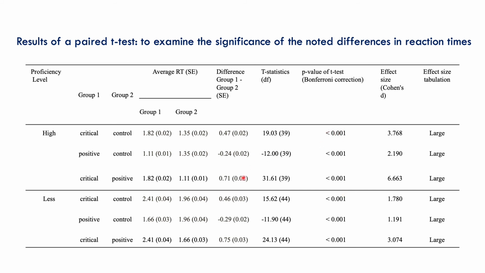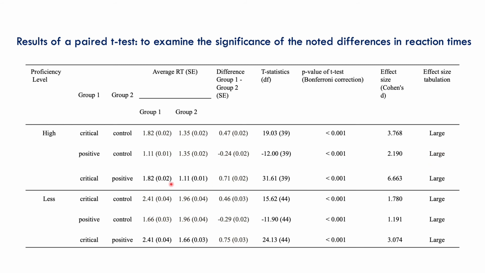On the other hand, the average reaction time for the positive condition was significantly smaller when compared to the control condition. As you can see, the difference is 0.24 for the highly proficient bilinguals, and 0.29 for the less proficient bilinguals, and the size of the effect is large.